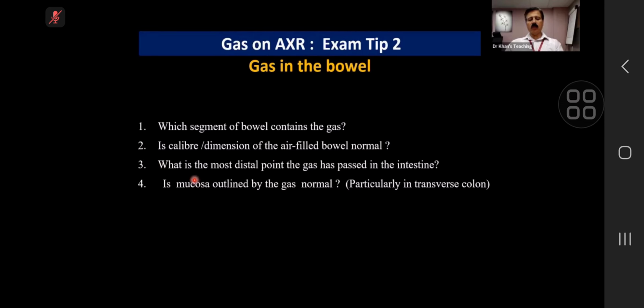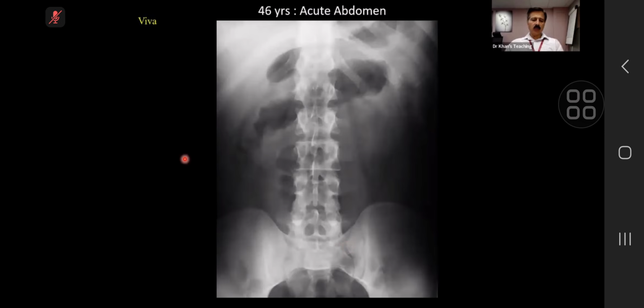This is extremely important for the exam, and it is important even for your rapid reporting, because there is a case which comes again and again in the exam, and which is toxic megacolon. And here you can see the outline of the mucosa of the transverse colon. So I will show you the examples.